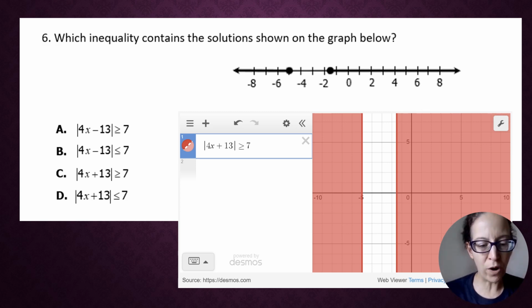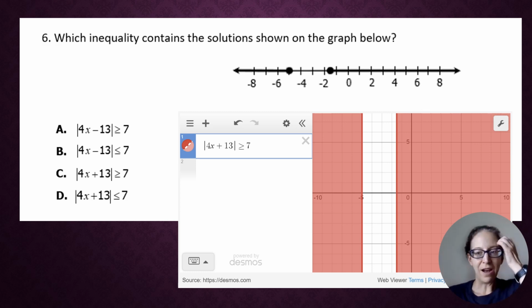So if we have 4x minus 13, and then now I got impatient with this when I did it the other day, because I don't like to continue opening this up just to get a symbol. I just don't want to keep doing it. So I was doing it with just the less than and greater than because I can get it on the keyboard, and it doesn't really affect my answer.